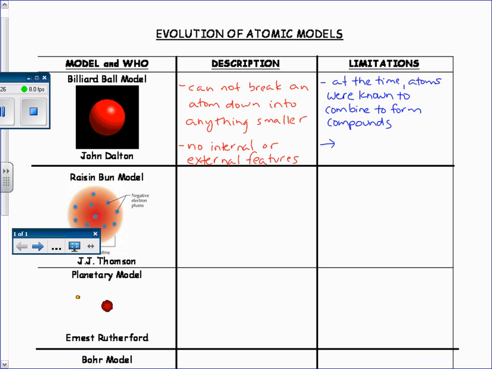Okay, and so then that suggests an internal structure. If they're combining to form compounds, then likely there's something else going on inside the atom that lets them do that. And since Dalton said there was nothing else inside that billiard ball, that was the major limitation of his model.